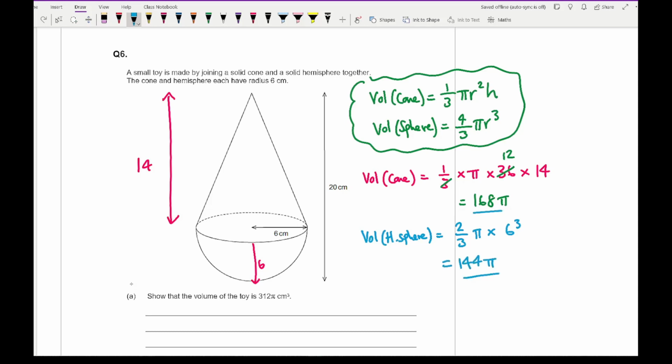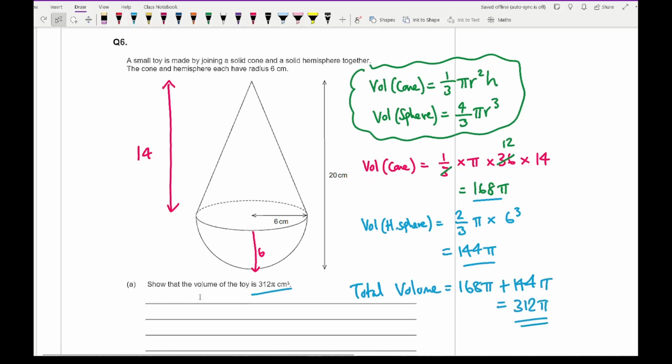And then all I then want to do is add up the two volumes. So the total volume is going to be 168 pi plus 144 pi, which equals 312 pi, which is what they wanted me to show.